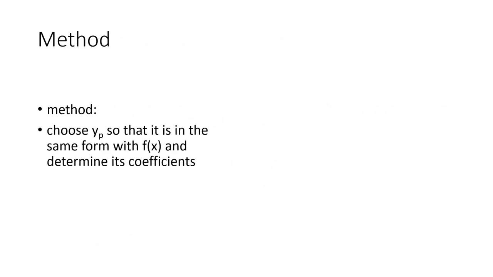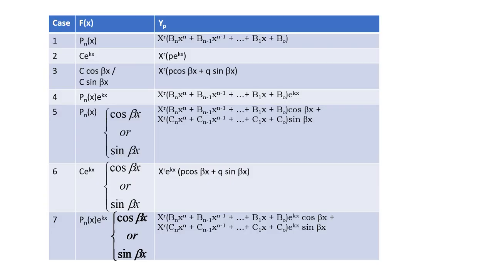To find yp, you choose yp with the same form as your f(x) and determine its coefficients. That's why it is called undetermined coefficients. For example, your f(x) is a polynomial of degree n. Yesterday the right hand side f(x) was equal to 0. Now let's say the right hand side is a polynomial of degree n.